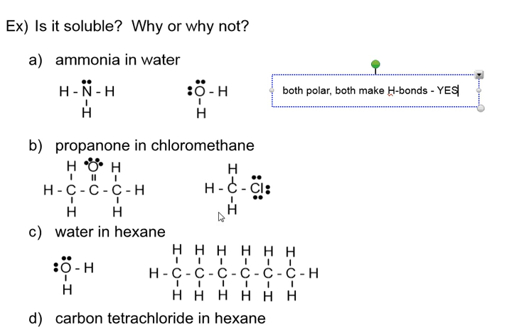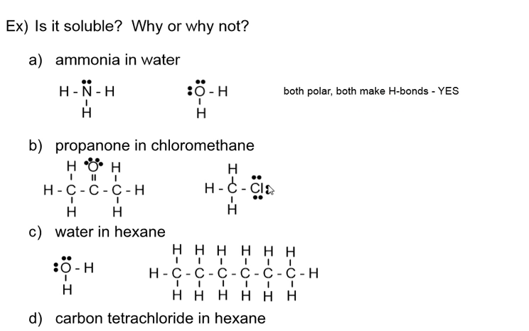If we look at propanone and chloromethane, option B, again, what's going to happen here? Propanone has this C double bond O group in the middle, which is slightly polar. So the propanone is polar because of that middle carbon and oxygen bond. The chloromethane is also polar.